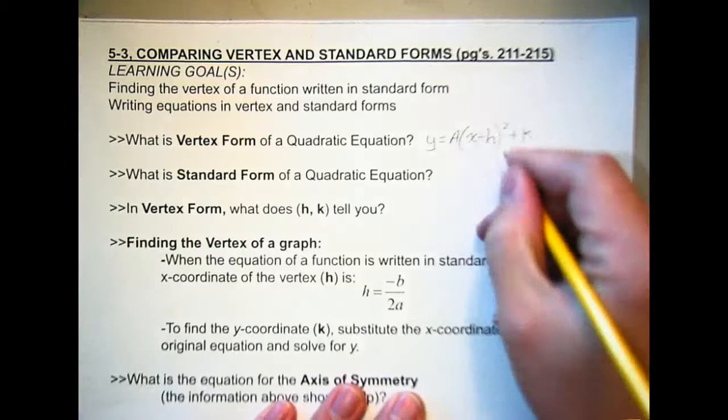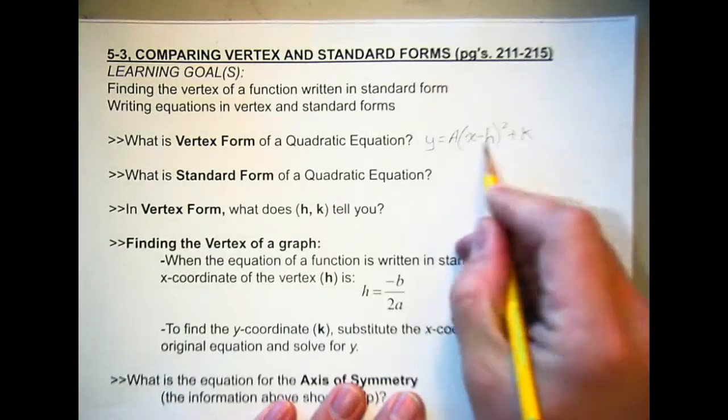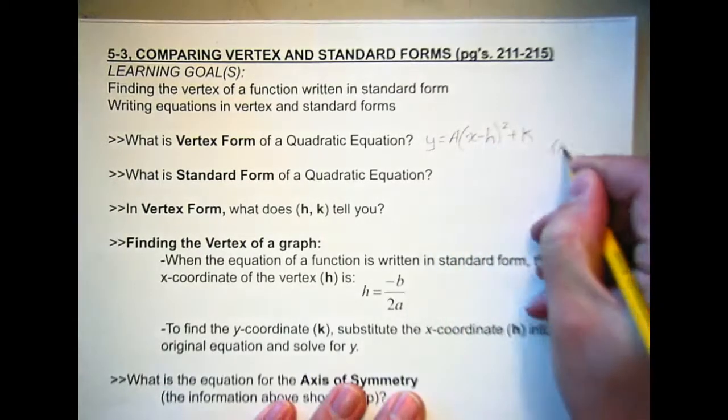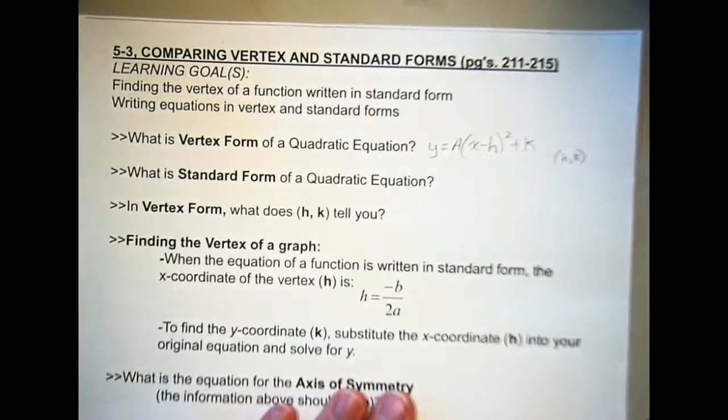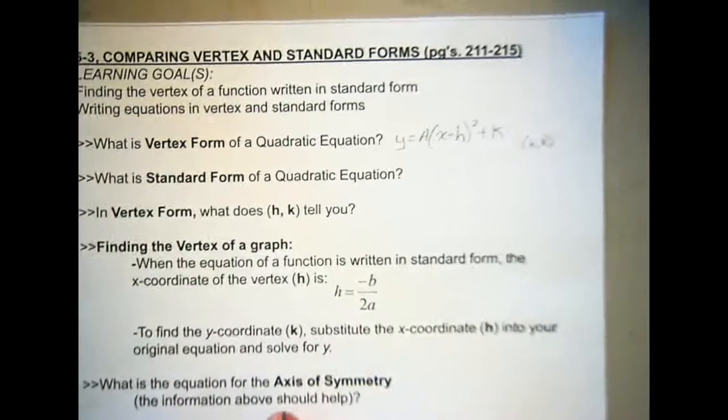It gives us our vertex with our hk value, and it gives us our a term, which helps us to figure out how far we go up or down when we move over 1 unit from our vertex.